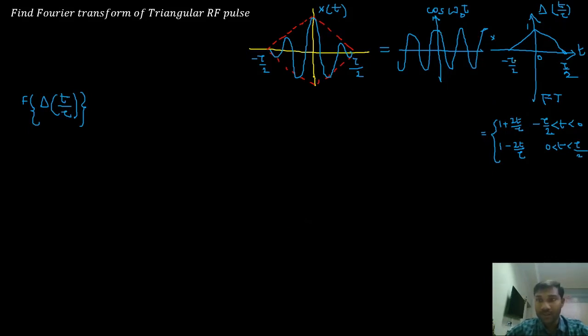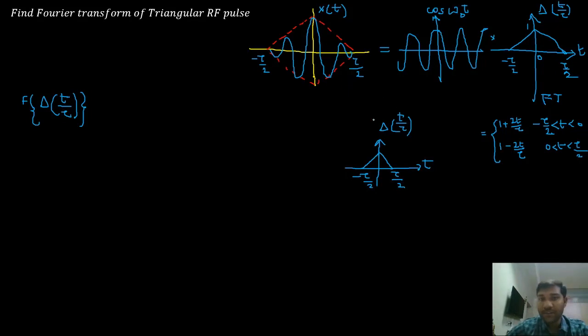So let me consider my function from this part till this part. This is my x of t, or let me say triangle of t by tau, from minus tau by 2 to plus tau by 2.